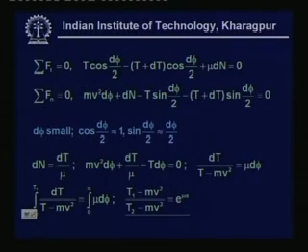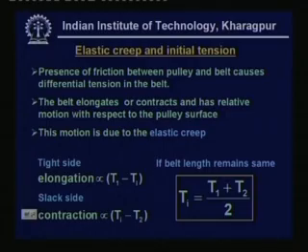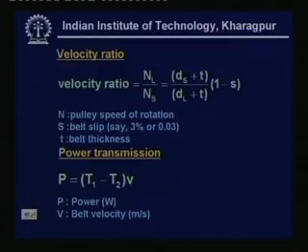Then we have derived the very important equation (T1 minus mv square) by (T2 minus mv square) equals e to the power mu alpha, and the initial tension expression is T1 plus T2 by 2, the velocity ratio as shown here, and the power transmission is T1 minus T2 into V. Normally, the terms just explained remain the same for the types of drives we will be considering, the flat belt drive or the V belt drive.